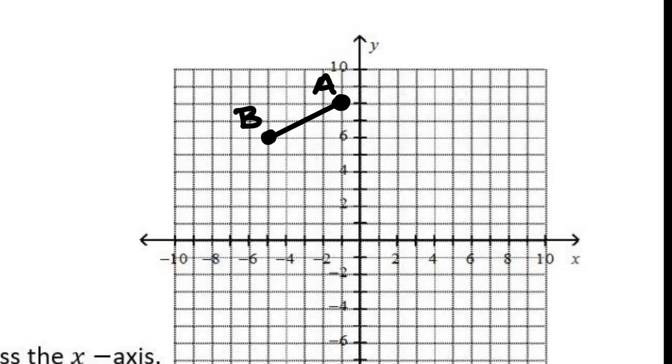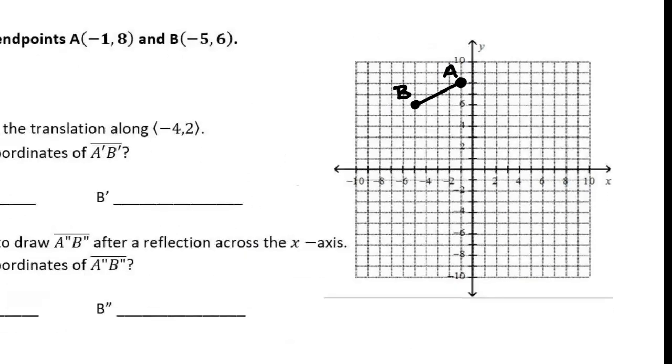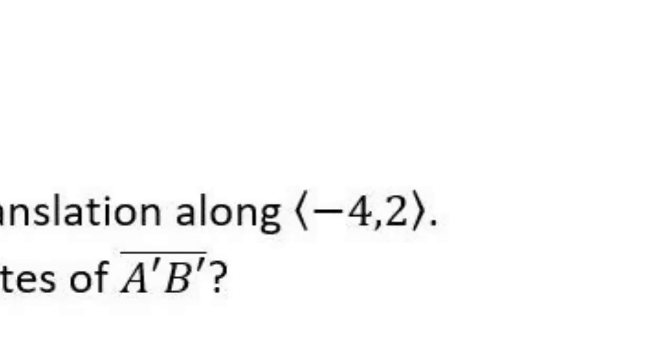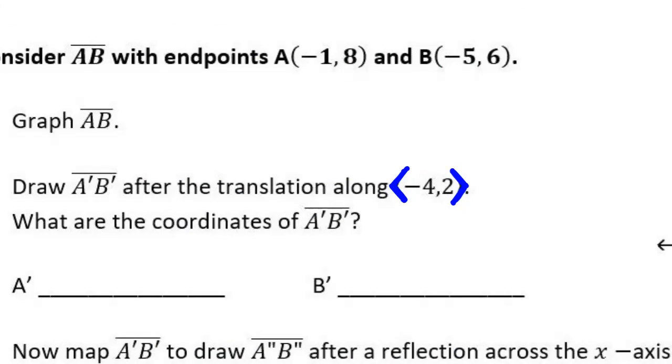We're going to translate along, and then it says -4, 2, and it's kind of hard to see, but I do want you guys to look closely. These are not parentheses. These are angled brackets. It tells me I'm translating here, so I know I'm going to be shifting. What does the first number in that ordered pair tell me to do?